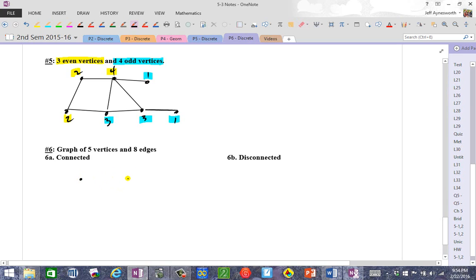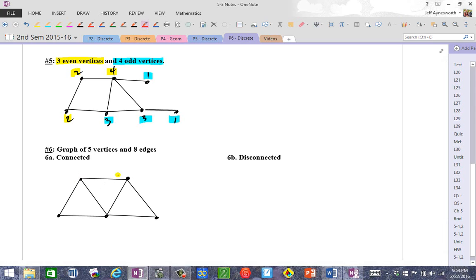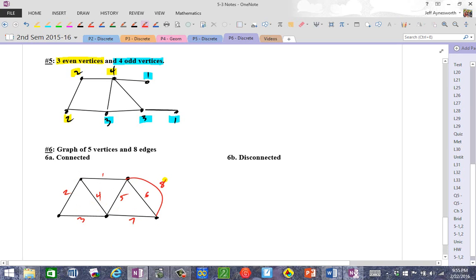You want 8 edges, and you want it connected. So 1, 2, 3, 4, 5, 6, 7. Oh, okay. 8. There you go. And it's connected. So there's an example of something with 5 vertices and 8 edges.